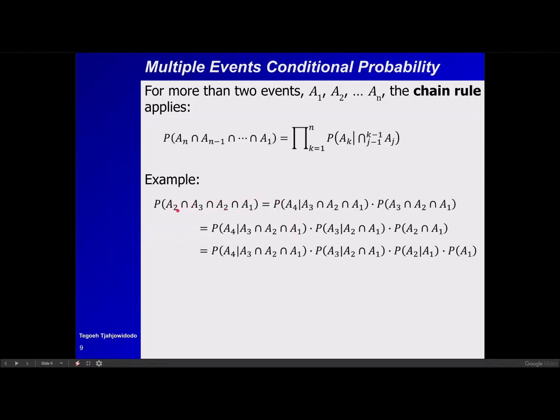The probability of all of these 4 events occurring together will be equal to the probability of A4, given that A1, A2, A3 occur all together, times the probability of A1, A2, A3 occurring together. This basically is derived from the first equation that we discussed in previous slides, the 2 event conditional probability.